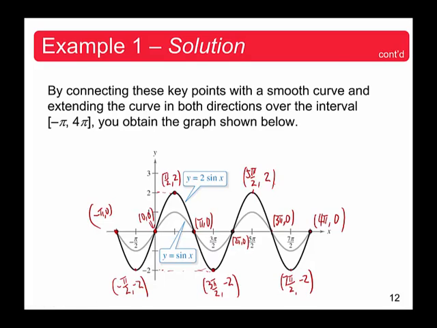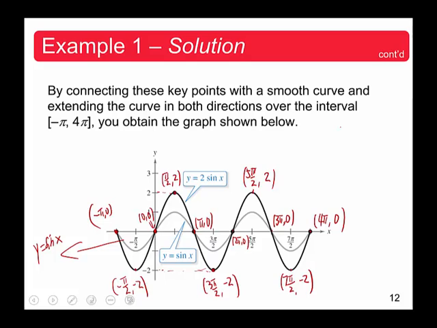As you can see, compared to the original parent function, the gray one is the parent function, which is y equals sine x. As you can see, it's a vertical stretch, meaning on the vertical side it becomes more stretched. You stretch towards the vertical dimension, so that's why we have a vertical stretch.